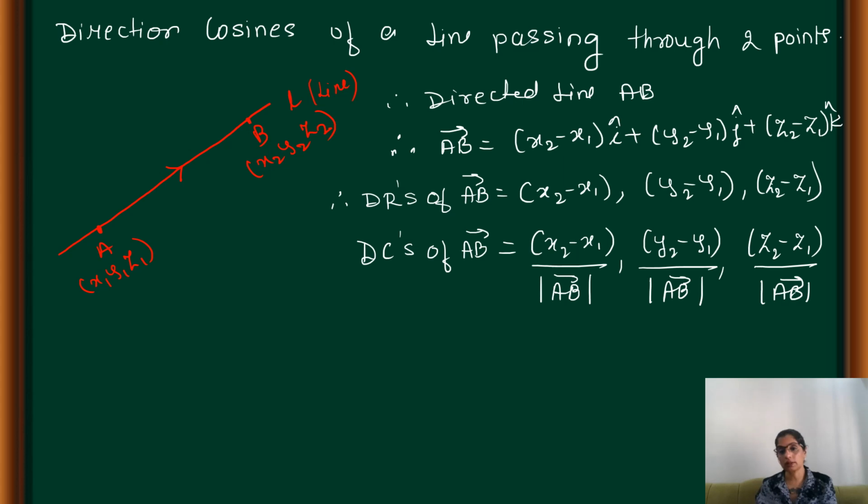Which means we can say that direction cosine of a vector is equal to scalar component divided by magnitude of the given vector.